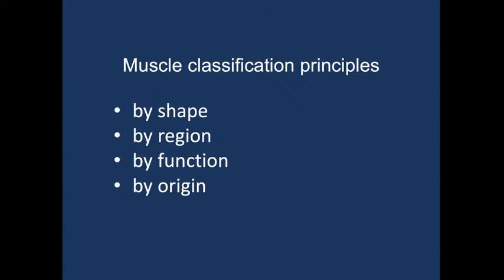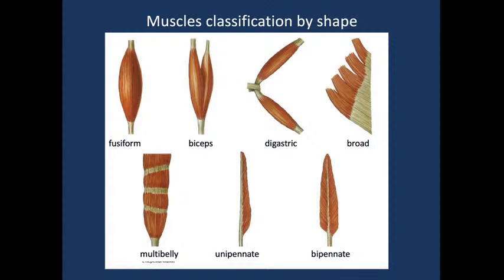What about classification? We have a few classification principles of muscles. We could classify muscles by shape, by region, by function, and by origin. By shape, there are fusiform muscles, biceps or triceps muscles, digastric muscles, and broad muscles, especially in the abdominal wall.